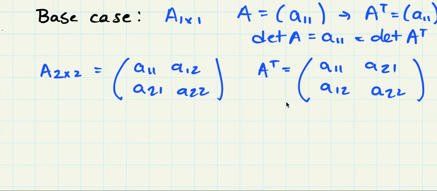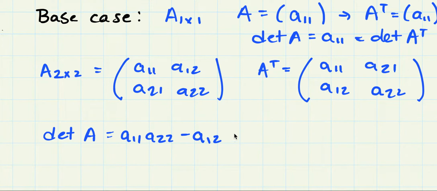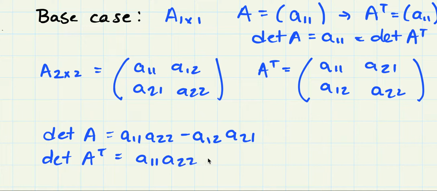And let's find the determinants. The determinant of A is A11 A22 minus A12 A21. And then the determinant of A transpose is A11 A22 minus A21 A12. So you can see that these are equal.